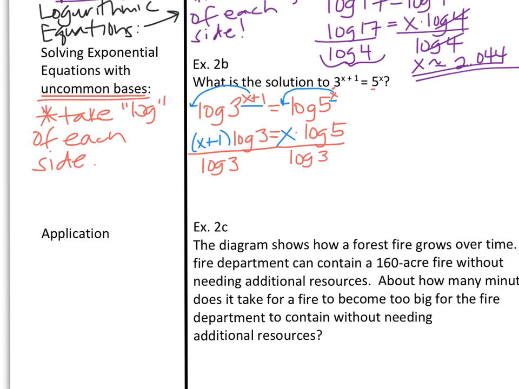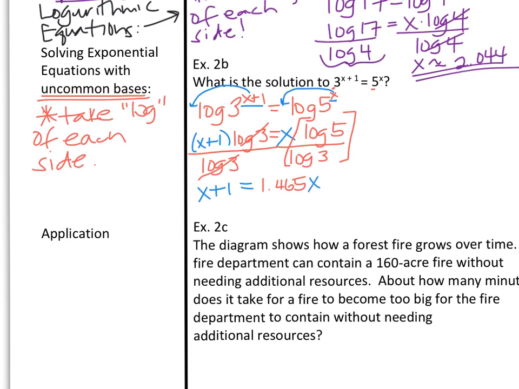Now on the left-hand side, it will in fact cancel out, leaving us with x plus 1. On the right, if we divide log 5 by log 3, we would get approximately 1.465 times x. So now we need to get x by itself.